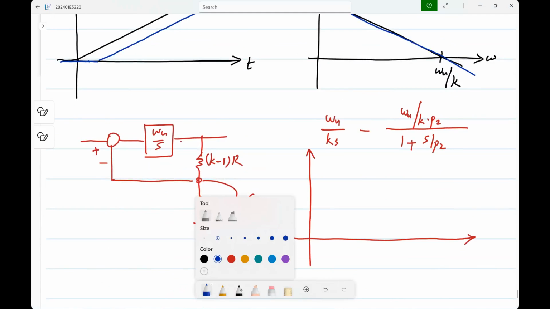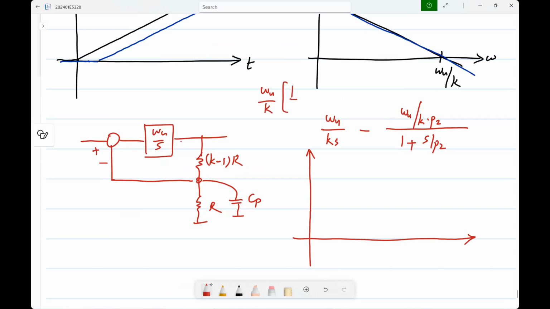Ramp. In fact, this may even be better written as omega u by K times 1 by S minus 1 by S plus P2. Right? Okay. So what is the step response of that? Ramp.